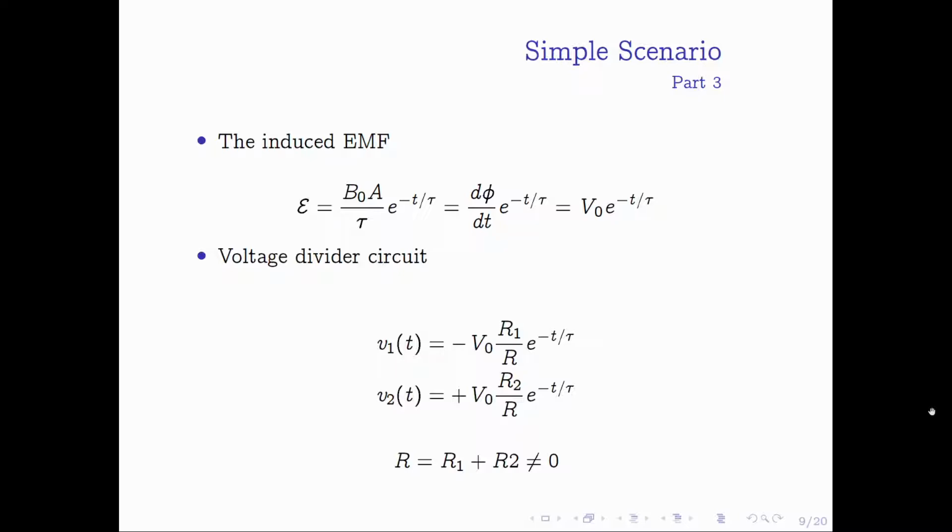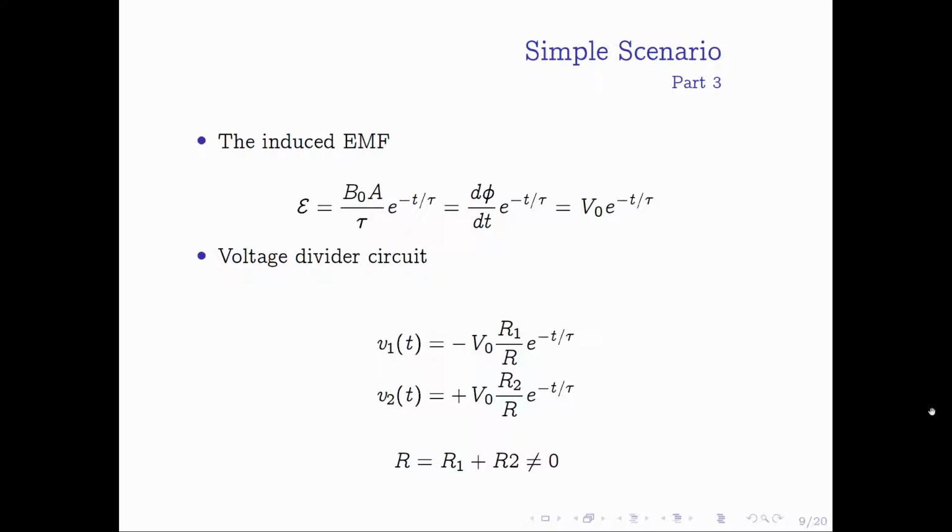If we apply Faraday's law, as stated previously, and considering the expression from the previous slide, we should be able to find the EMF expression as follows. The EMF is nothing but B0 multiplied by A, which is the area inside the loop, divided by tau. And of course, there is the coefficient e to the minus t divided by tau.